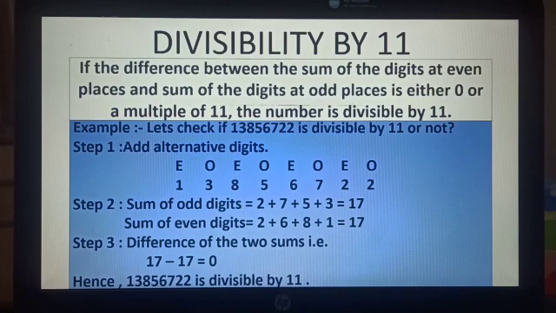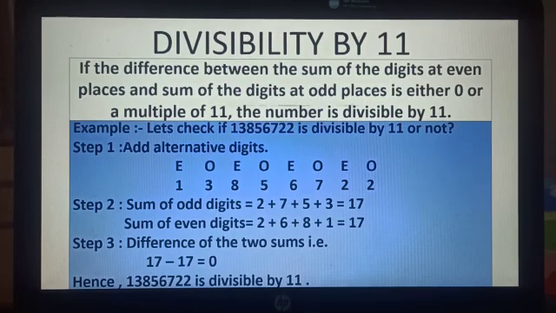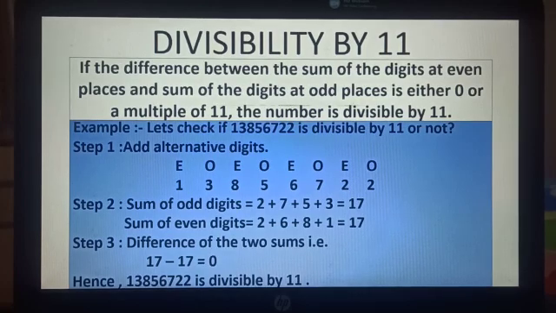Now sum of digits at even places, that is 2 plus 6 plus 8 plus 1 is equal to 17. Now the difference of the two sums, that is 17 minus 17 is equal to 0. Hence the given number is divisible by 11.